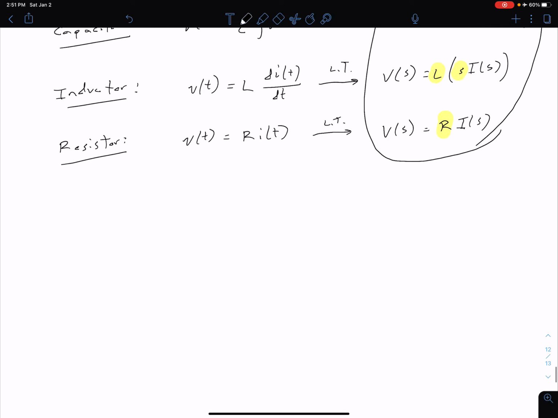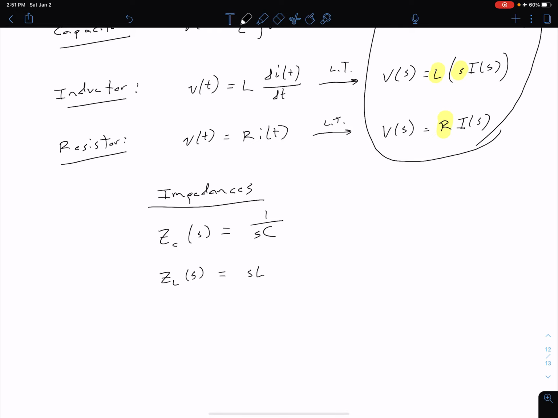In summary, for our common elements, we have Z sub C equal to 1 over S times C, where C is our capacitance. Z of L is equal to S times L, where L is our inductance.